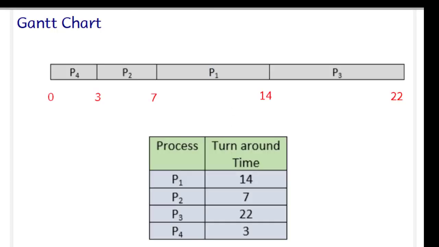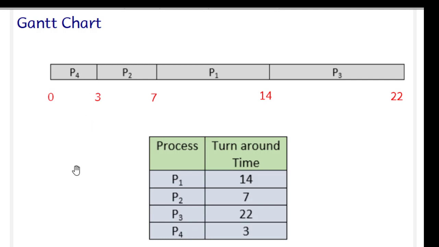Next we see how to calculate the average turnaround time. We again take the Gantt chart we saw in the previous slide. What is the turnaround time? P4 started first, then P2, P1 and P3 followed. For finding the turnaround time of each individual process, we have to see where the process ends.